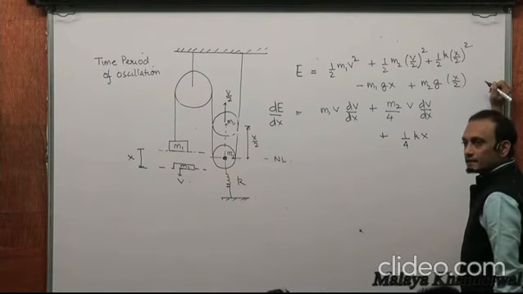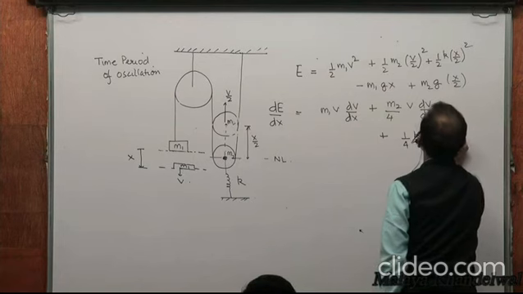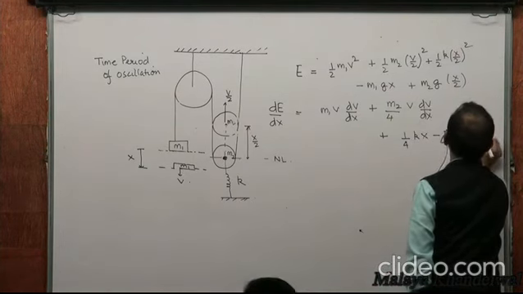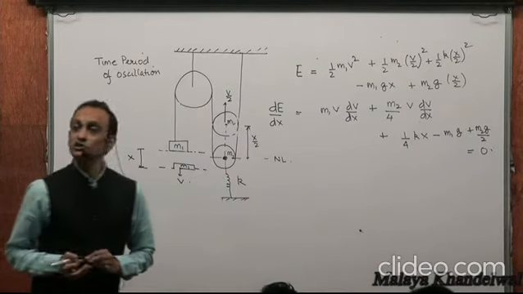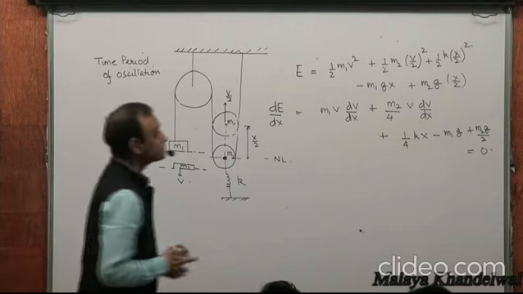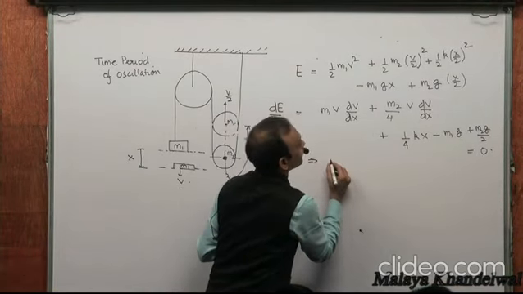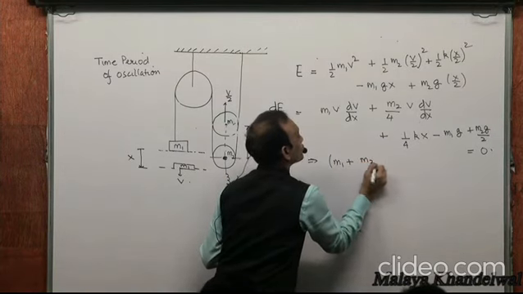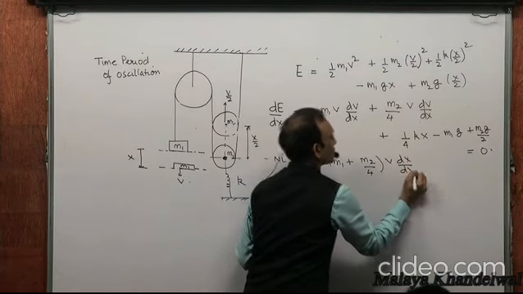kx by 4, yes or no? And then this will become minus m1g plus m2g by 2. That must be 0, yes or no? Differentiating with respect to x, right? And then this leads us to (m1 plus m2 by 4) v dv/dx, right?